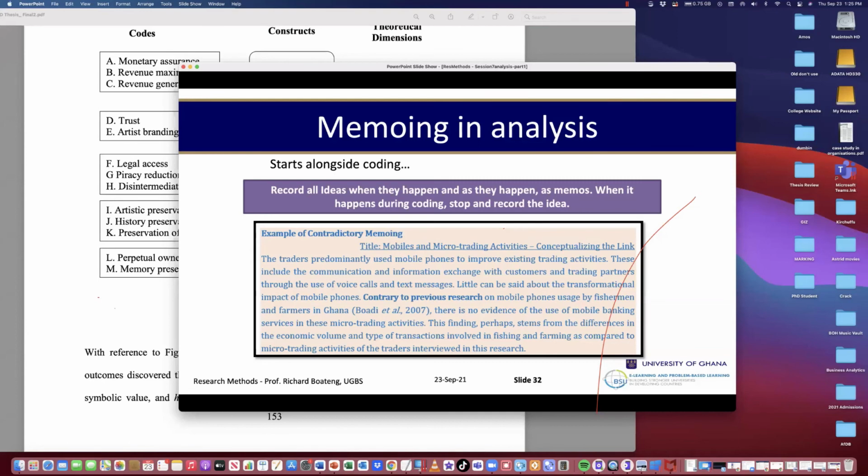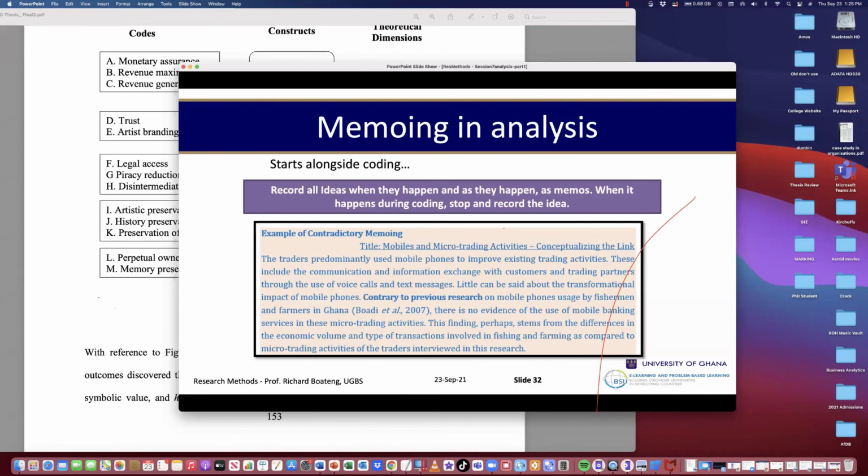This finding perhaps stems from the differences in terms of the economic volume and type of transaction involved in fishing and farming, as compared to micro-trading activities of traders interviewed in the research. What am I trying to say?